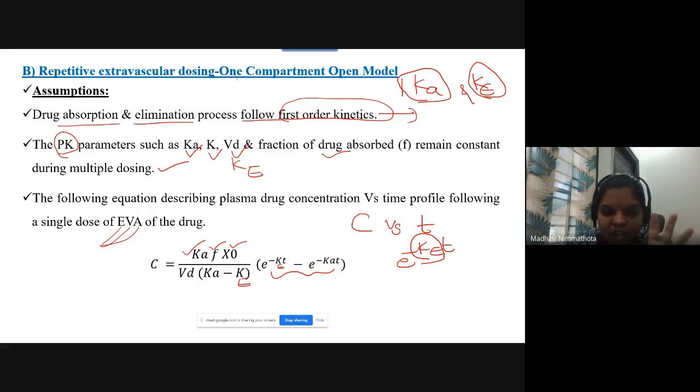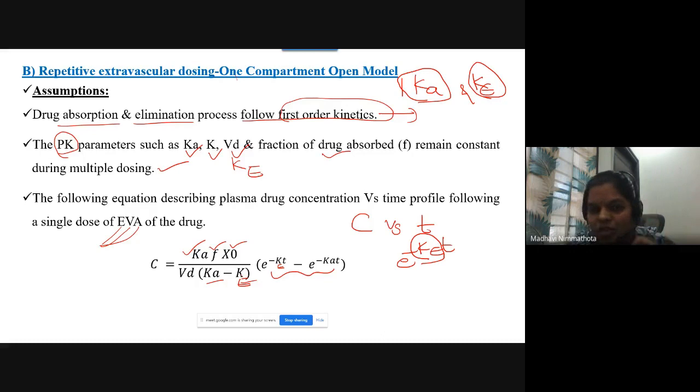So you can remember this equation very simply. How can you remember it? We are calculating an extravascular dose. So what are the parameters? We can calculate the absorption rate constant, elimination rate constant, volume of drug distribution and fraction of drug absorbed. So Ka, absorption, fraction and amount: Ka F of X naught divided by the volume of distribution, multiplied with Ka minus Ke.